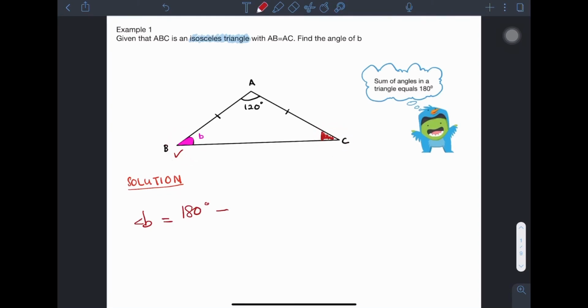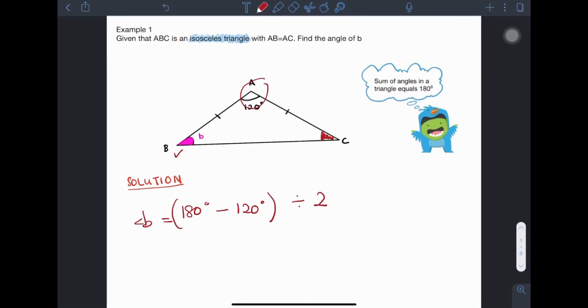So we take 180, minus 120, and when we get the answer, we need to divide it by 2. Why? Because this angle and this angle are equal.